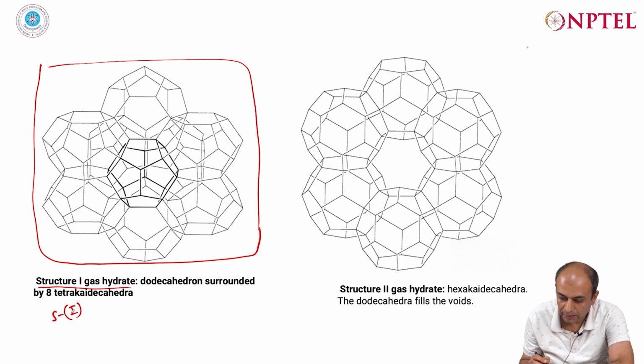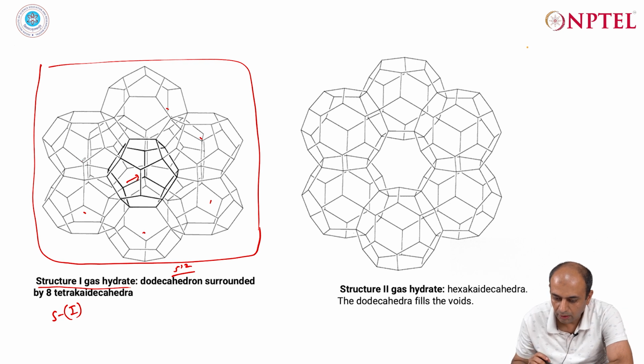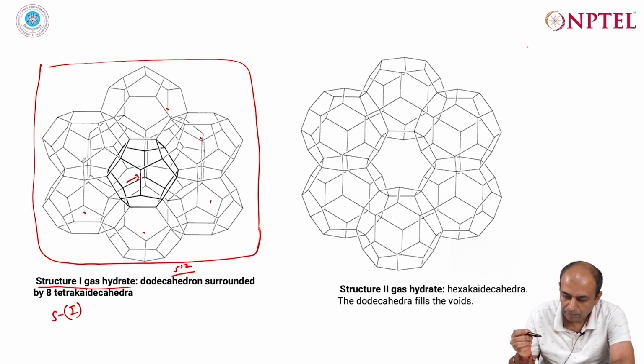So you can see here that you have got this central dodecahedron, that is the 512 unit, which is surrounded by the tetrachedecahedra. 1, 2, 3, 4, 5, 6. There are 6, and there are 2 more actually which are behind. So here I am showing you a representation of 8 tetrachedecahedra.